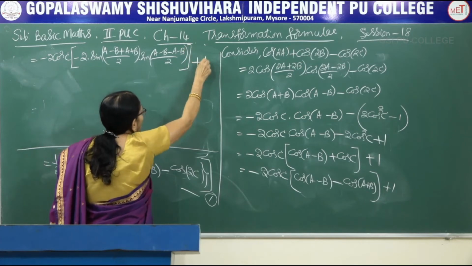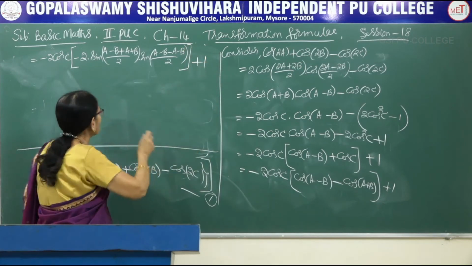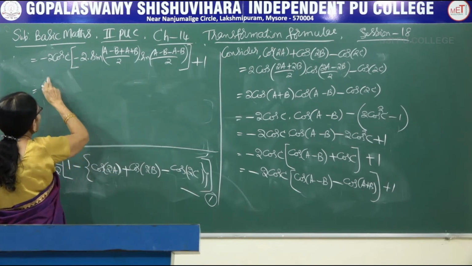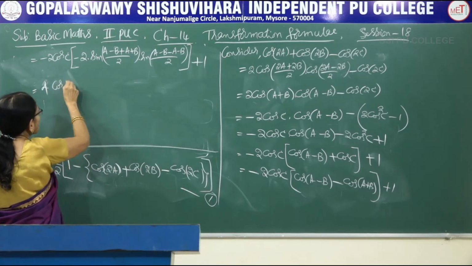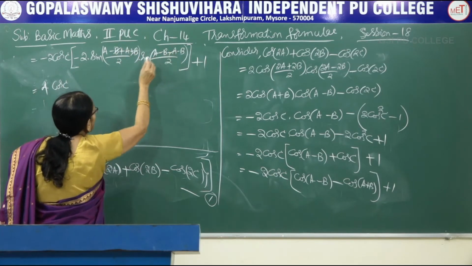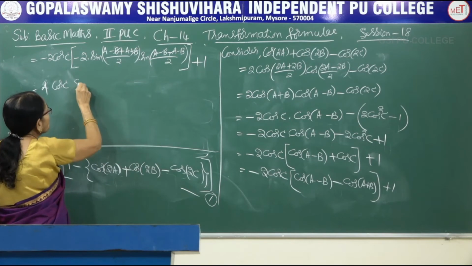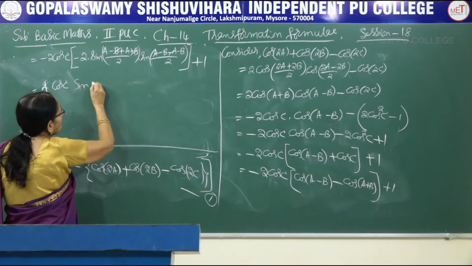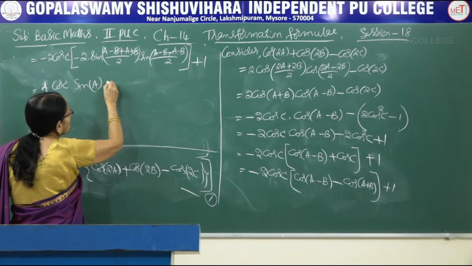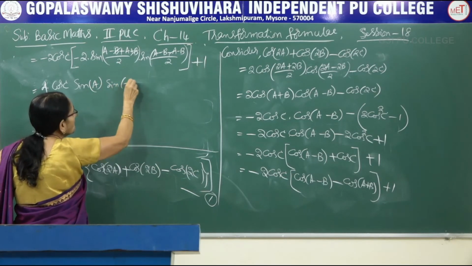Close the bracket, then write the number 1. Now it is minus of minus plus 4 into cos of C into, after cancellation here of A and B, we have sine of A plus A by 2, that is A, minus B by 2, that is minus B.